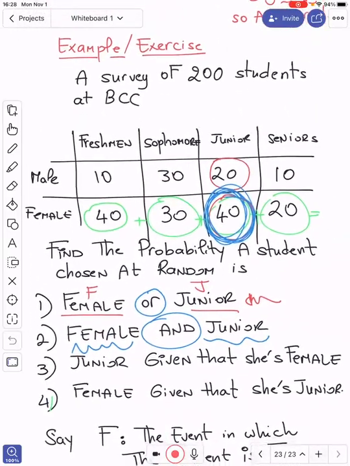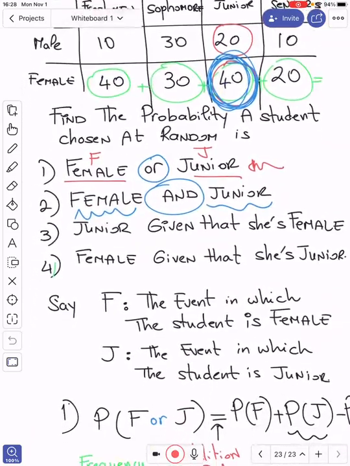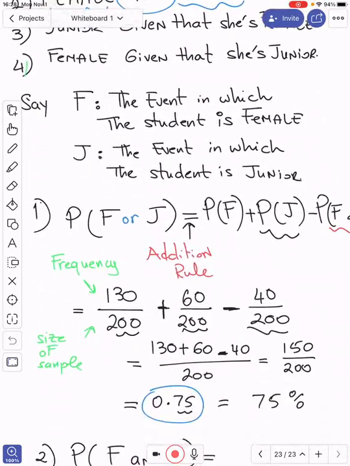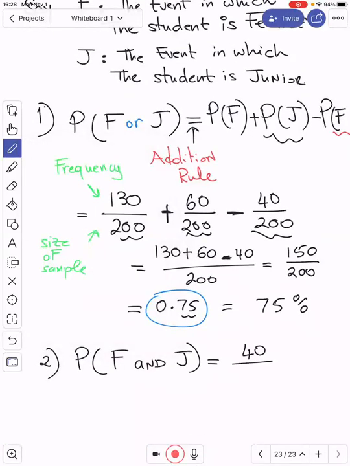40, right? That's the number of students who are female and junior at the same time. So that'll be 40 over, again, the size of the sample. The student is selected at random, so we have 200 students. That's the survey, a survey of 200 students.